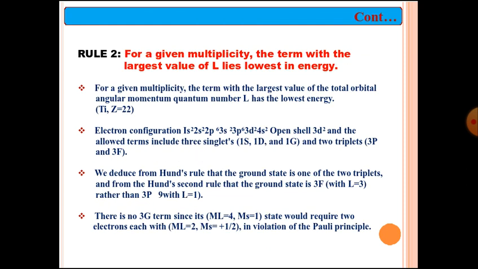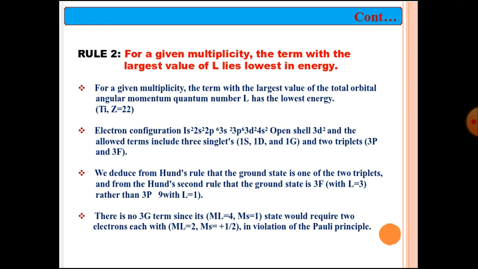Rule 2. For a given multiplicity, the term with the largest value of L lies lowest in energy. For a given multiplicity, the term with the largest value of the total orbital angular quantum number L has the lowest energy.